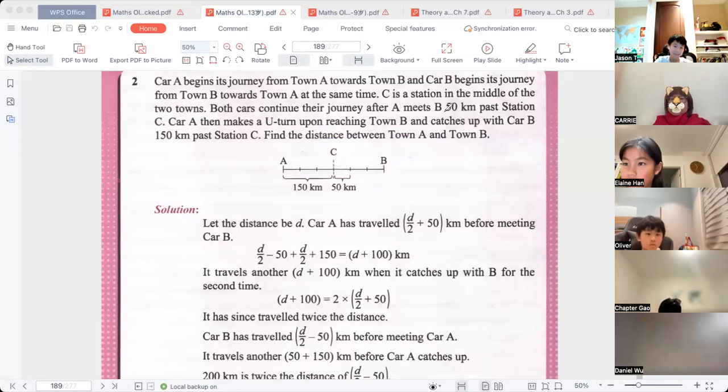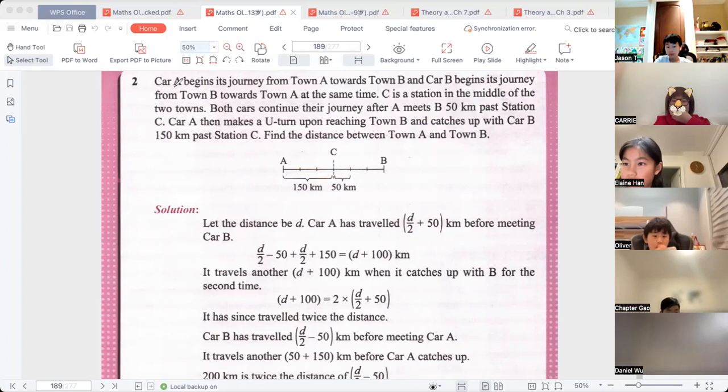So let's take a look at this one. Car A makes a U-turn upon reaching town B and catches up with car B 150 kilometers past the station. If we let the distance be D, car A has traveled D over 2 plus 50 kilometers before meeting car B, correct? It travels another D plus 100 kilometers when it catches up with B the second time.